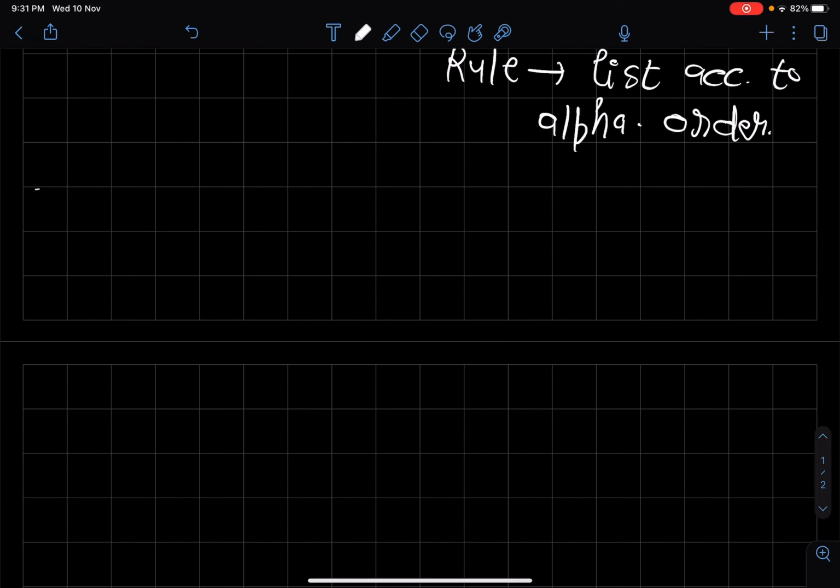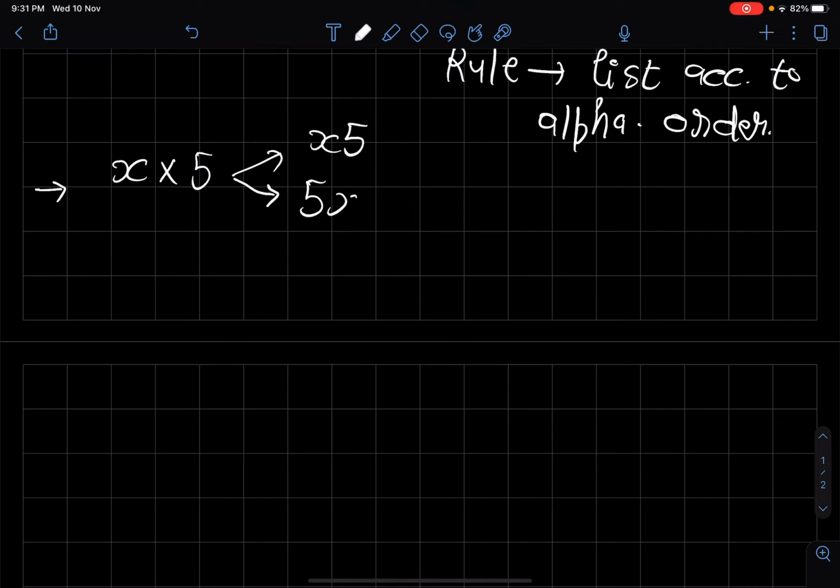When we multiply a number, let's say we multiply x by 5, we can write it both ways, either x5 or 5x.